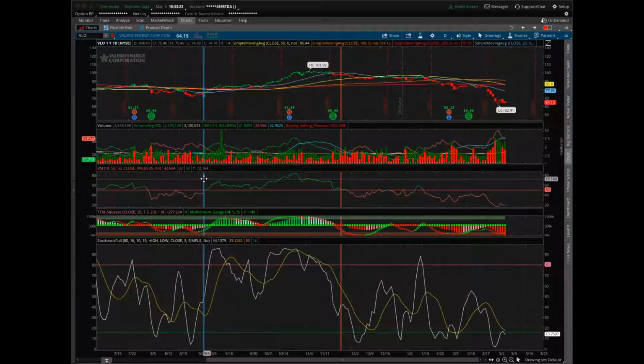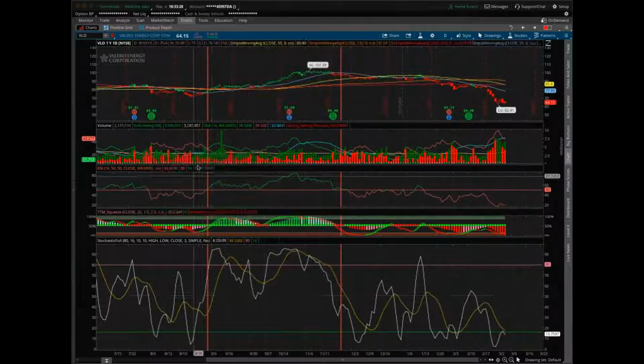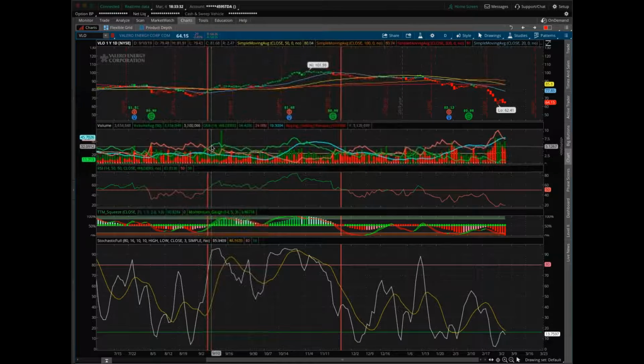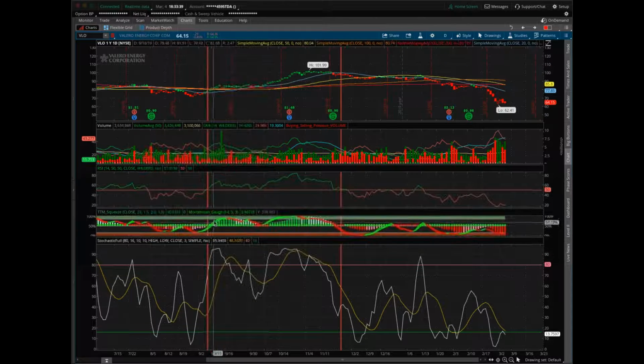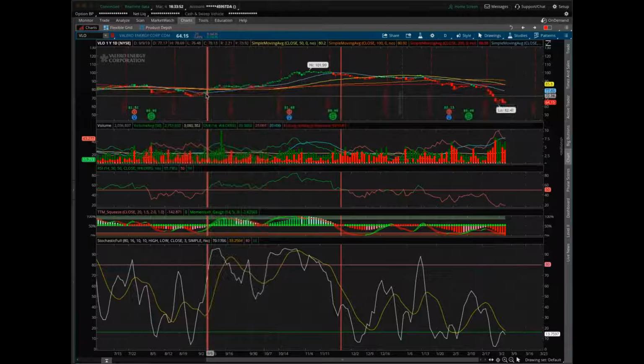let's go over here on this crossover here. So we have the green crossing over the red here, and we have the RSI crossing over the 50 here. We have the momentum crossing over to the upside here, and then we have our stochastics crossing over into our overbought position, and we have an uptrend starting.